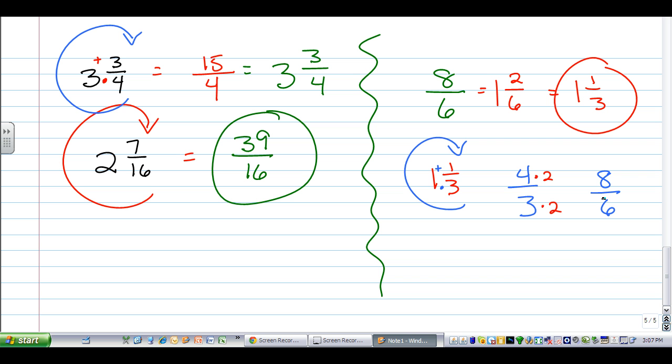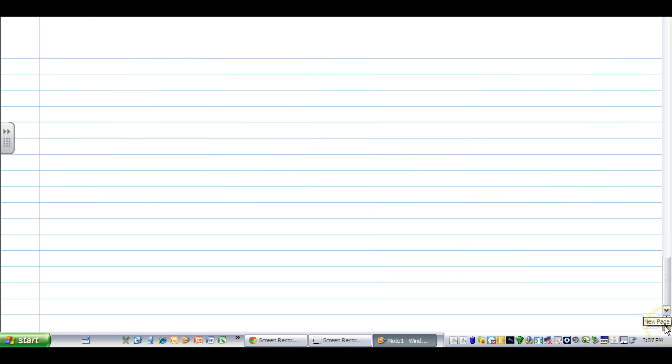So you are getting the correct answer. This answer is just in simplest form. Okay, because 4/3 is equal to 8/6, equivalent fractions.